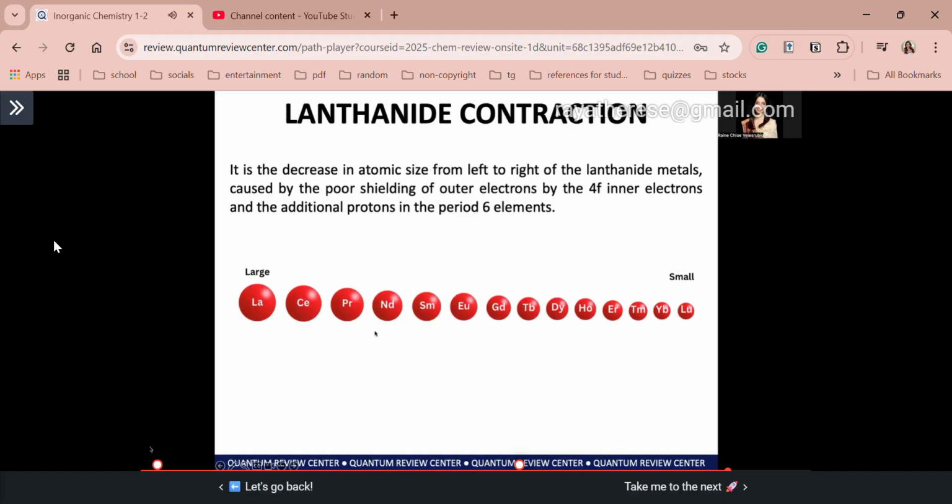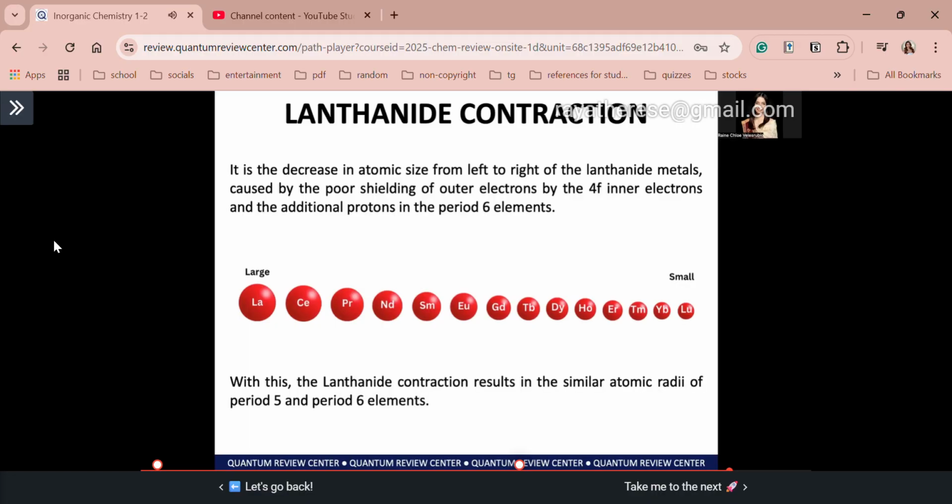Again, may poor shielding effect yung inner f orbital electrons ng lanthanides. Kaya may stronger attraction between the nucleus and the outermost or valence electrons. Dahil dito, mas lumiliit ang atomic radii ng 6th period elements. And dahil dyan, ang result ng lanthanide contraction ay same or similar ang atomic radii ng period 5 and period 6 elements. Okay, guys, I hope that's clear.